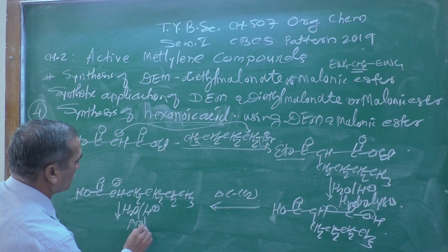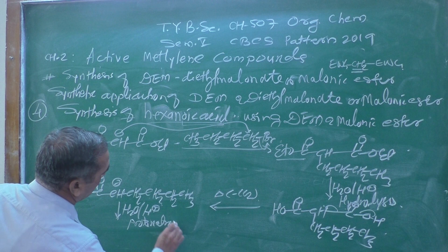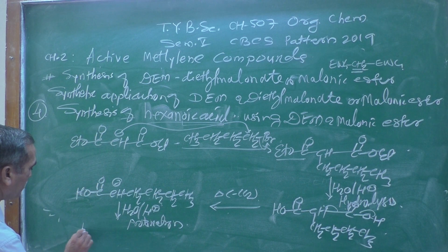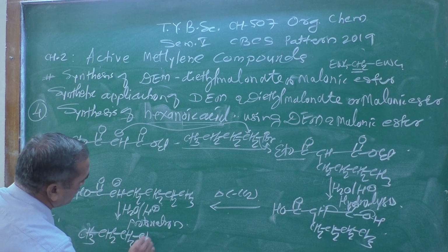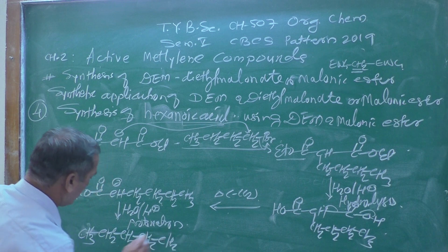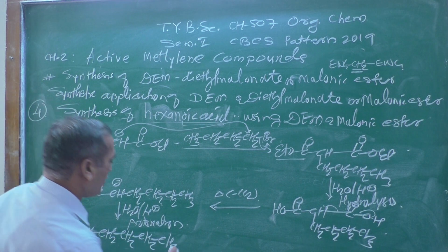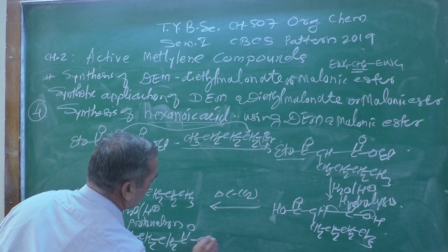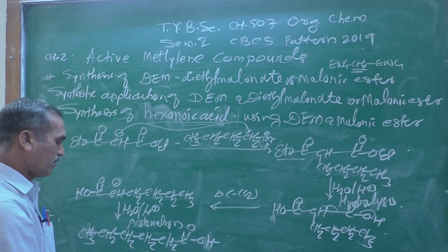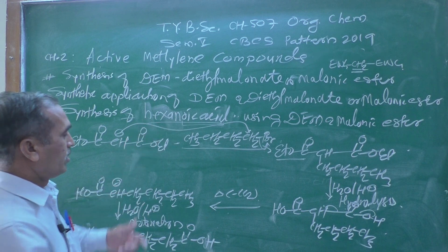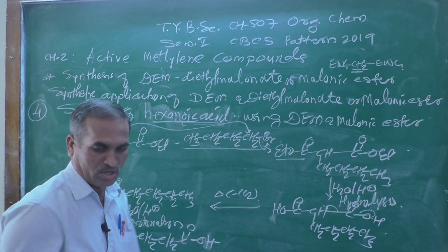After the protonation we will be getting the final product, this one. I am writing in a proper way: CH3, CH2, CH2, CH2, then CH2, 1, 2, 3, 4, 5, and C double bond O, OH. This is nothing but our target compound, the final product, that is hexanoic acid.